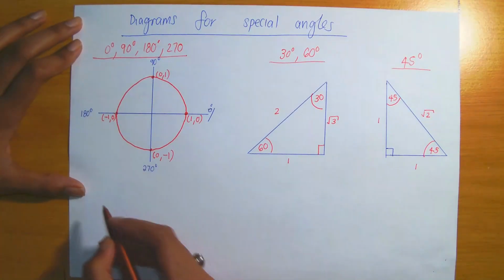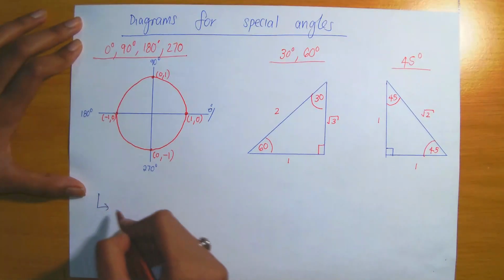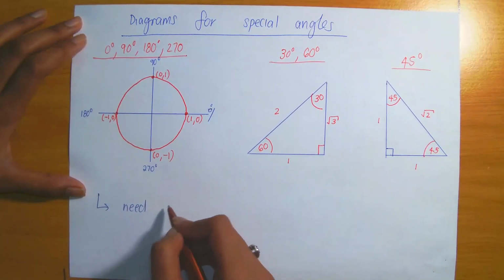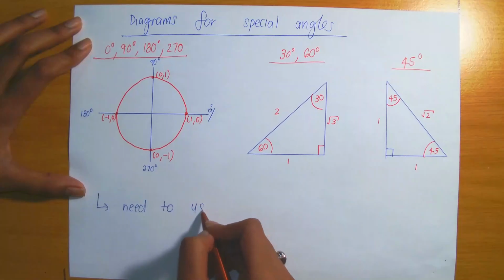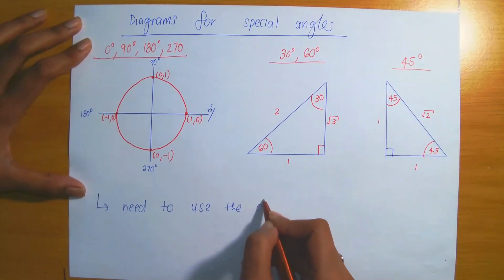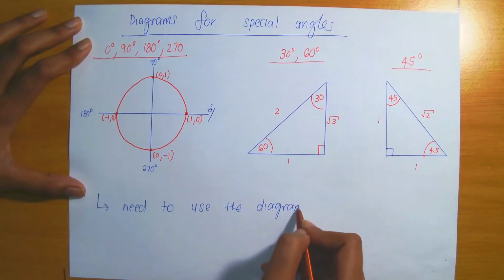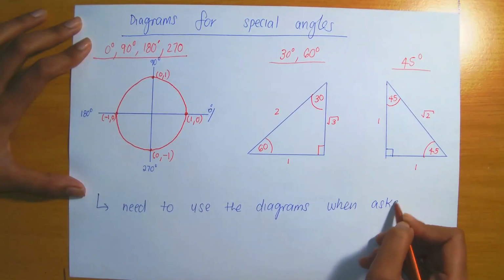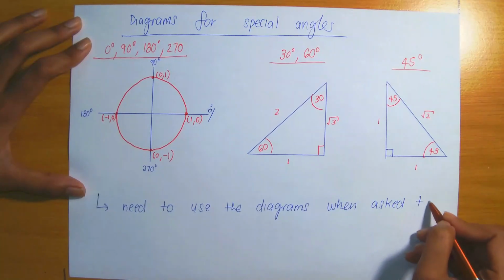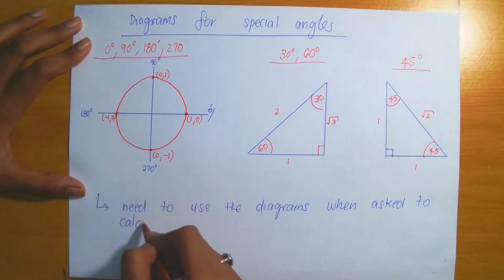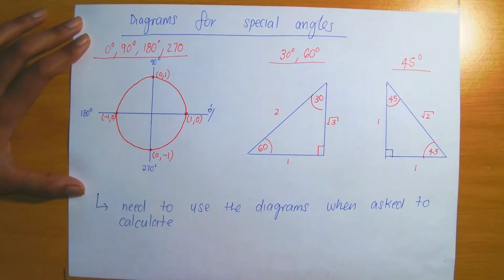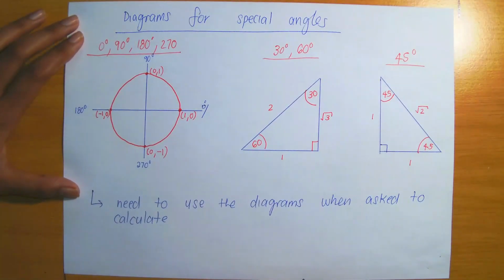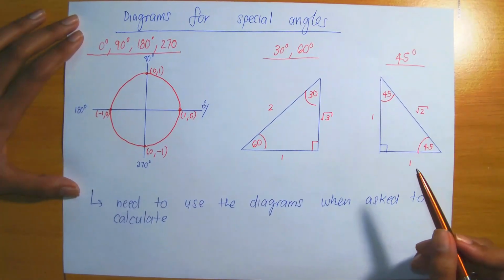So how would you be tested on special angles? Firstly, you need to use these diagrams when asked to calculate without the use of a calculator. In the exam in particular, there will be questions where they will test you without the use of a calculator, meaning that you have to show and give explanations at each step.